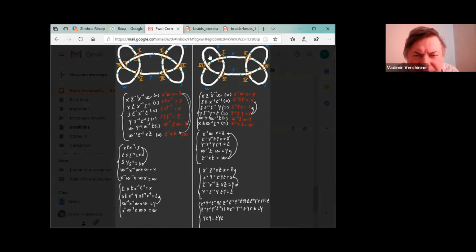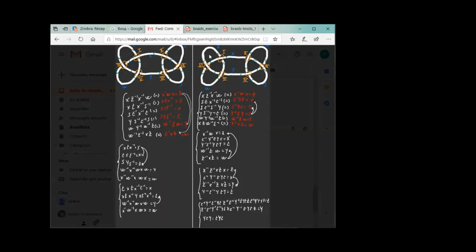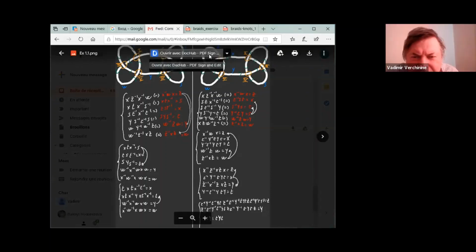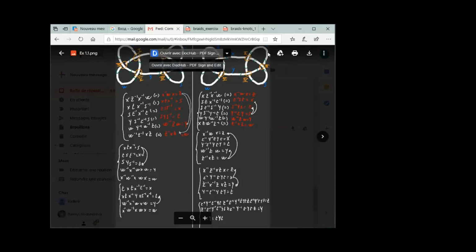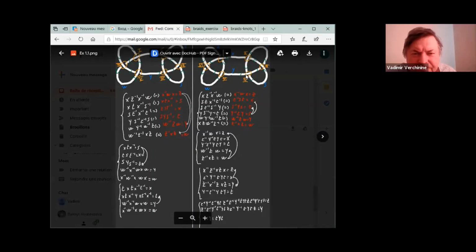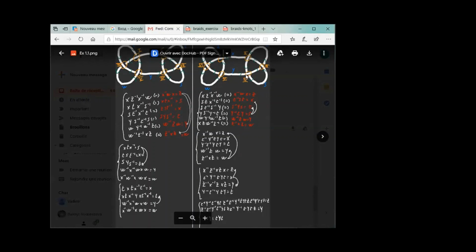So this is Z, and what is your notation for this one? So you see on the graph on the top, there is big 1, big 2, big 3, and so on. And the first equation is the intersection big 1, the second one is intersection big 2, and so on.